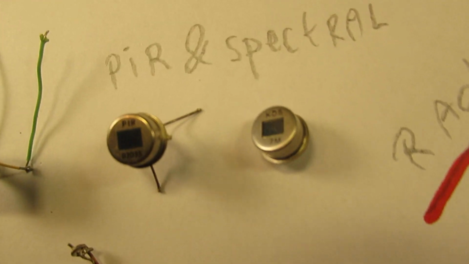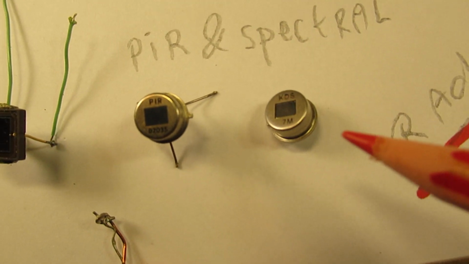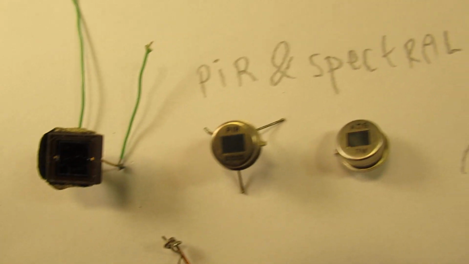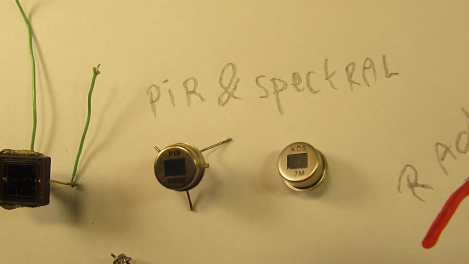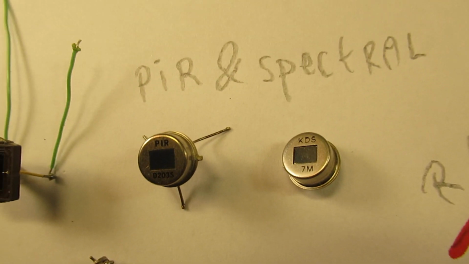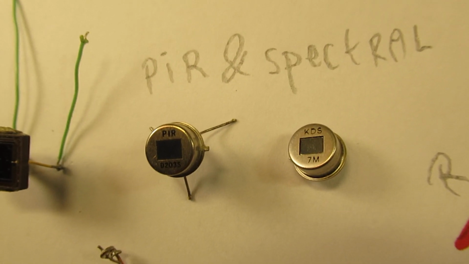And these are two sensors out of discarded laboratory equipment. And they were specially made for the ultraviolet light spectrum.